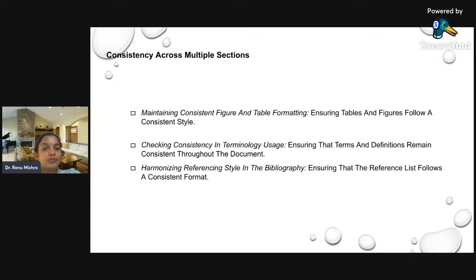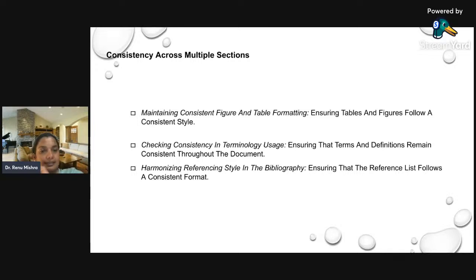This ensures that you have placed the right figures in front of the right discussion content. Wherever the content is placed, the right figure is also placed, labeled, and numbered.